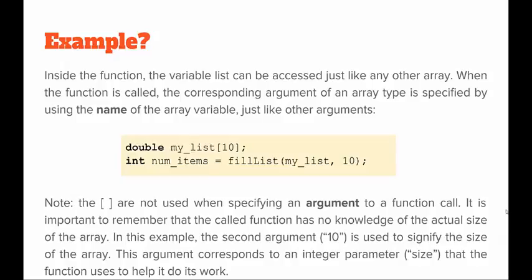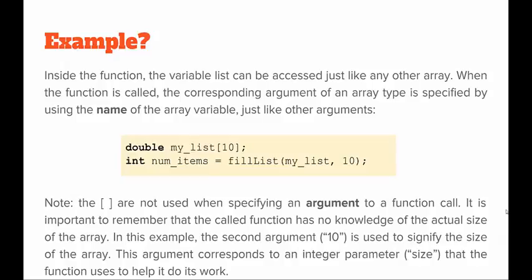Inside the function, the variable list can be accessed just like any other array. When the function is called, the corresponding argument of an array type is specified by using the name of the array variable, just like other arguments. Take a look at this code sample before you, with two lines of code, one which creates an array of size 10, and one which calls the function fillList using that array.